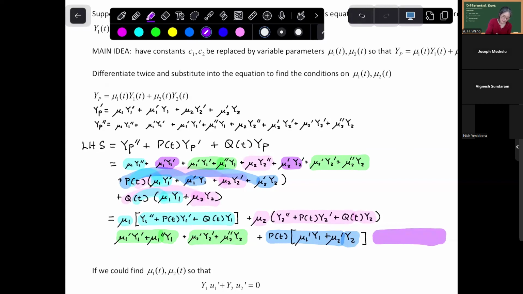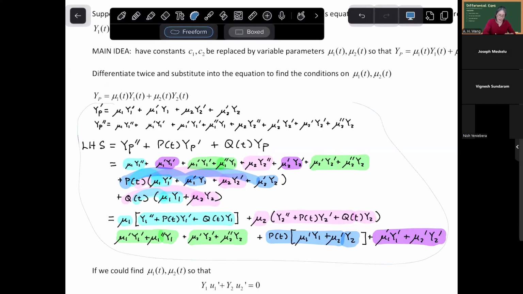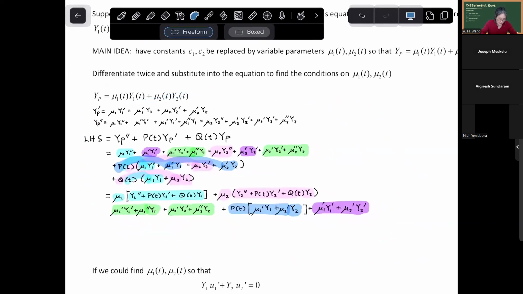Okay, so that's going to be mu1 prime y1 prime, with a prime here and a prime here, and mu2 prime y2 prime. Okay, so all I did was I rearranged the previous. And now let me try to create some space so that we can write this down.